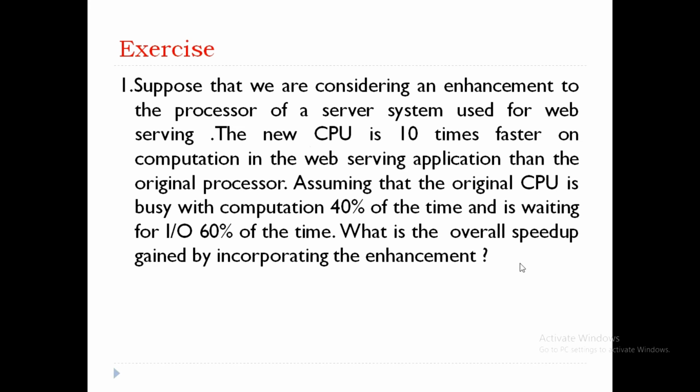So we want to identify two terms: what is fraction enhanced, and what is speedup enhanced? In our question, the new CPU is 10 times faster on the computation. That is a clue. Also, the original CPU is busy with the computation 40% of the time. This is another clue for the two terms.